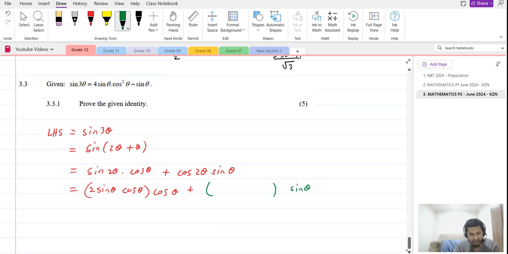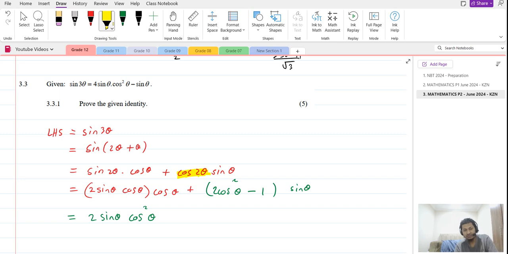Now we're going to expand this one. This is 2 sine theta cos squared theta, right? So I need another cos squared here. So we're going to say 2 cos squared theta minus 1. Use that one because there are basically 3 expansions for cos double angle. So use this one because I want 4 sine theta cos squared theta.